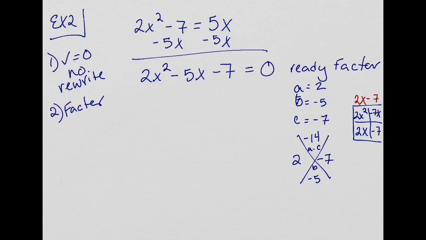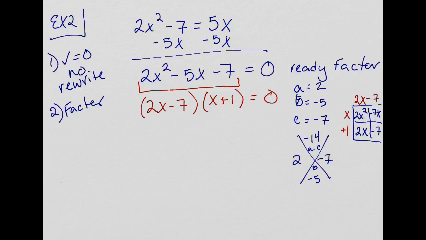My first row, 2x squared minus 7x, the only thing that pulls out is x. And then last row, 2x and negative 7, they're only both divisible by a positive 1. So 2x squared minus 5x minus 7 can be factored into 2x minus 7 times x plus 1.